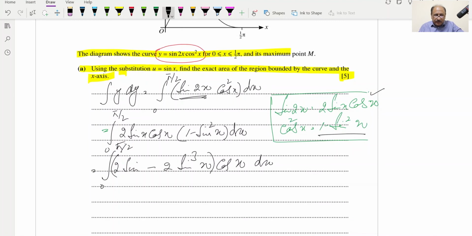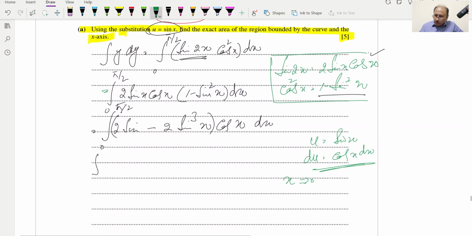Now we can replace sine x is equal to u, as given in the question, so u is equal to sine x, and du will be equal to cos x dx. So this will be our du value, and after replacing this we can also check the limits.